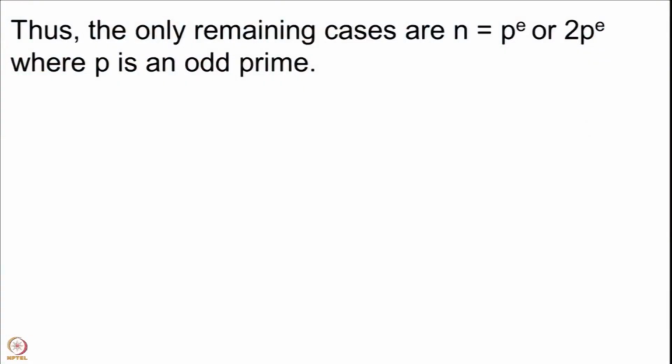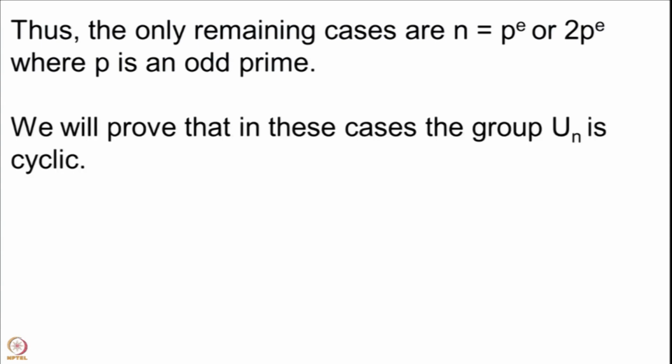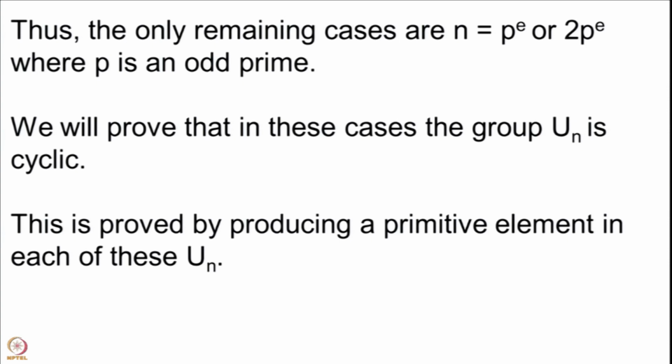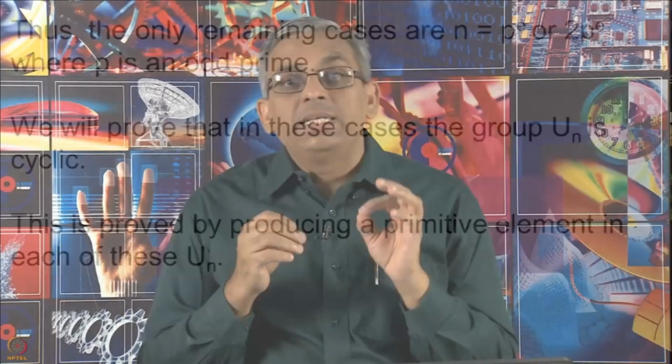So, the only remaining cases are n equal to p^e or 2 times p^e, and what we are now going to show is that in both these cases the groups Un are cyclic, and this is going to be done by producing a primitive element in each of these Un. A primitive element, just to recall, is an element whose order is exactly equal to phi(n). This is what we are going to do.